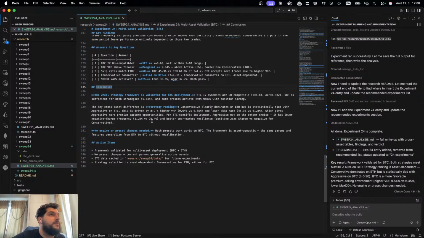No engine or preset changes needed. Both presets work as is on BTC. Framework is asset agnostic. The same params and filters generalized for ETH and BTC without recalibration.